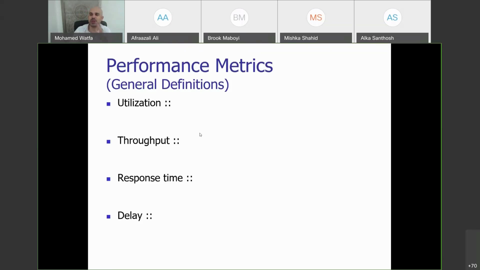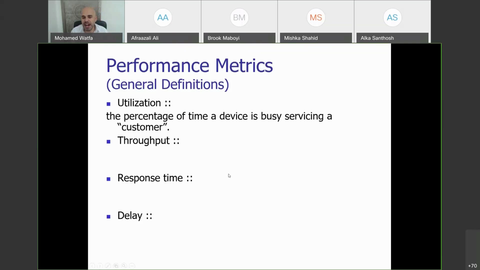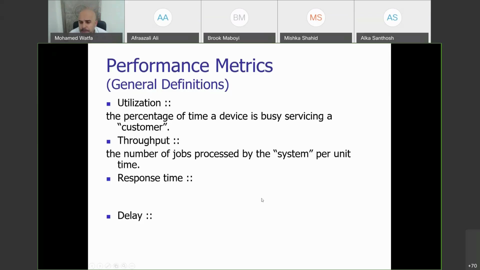So, yes, typically utilization is how much I'm keeping the system busy. Okay? The percentage of time I'm keeping a device busy servicing a customer. For now, utilization is how much I'm keeping it busy. Very easy. Throughput is how many jobs I'm executing.